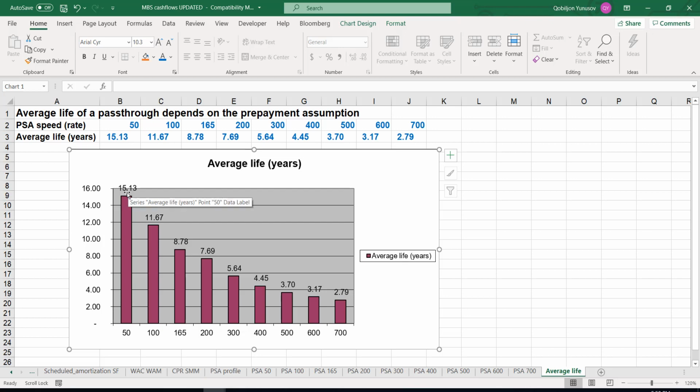In other words, the principal amount is repaid in just 15 years. And when you increase the multiple to 700, the average life becomes less than 3 years, less than 1/10 of the original maturity. So it's going to be prepaid much earlier. So the higher the amount of prepayment, the higher the prepayment risk.